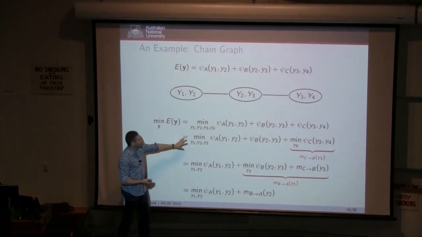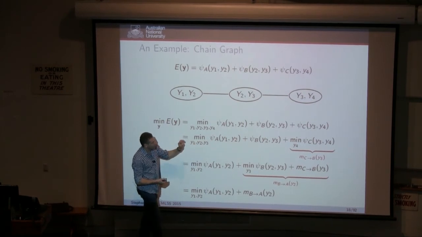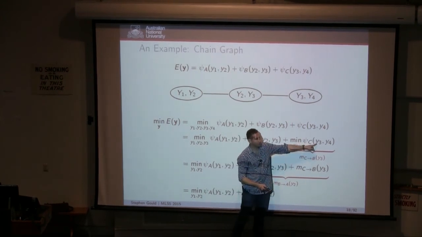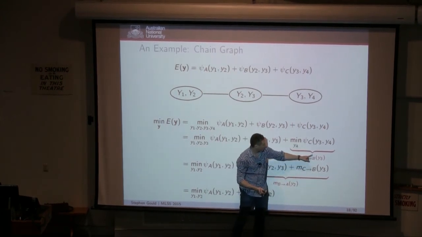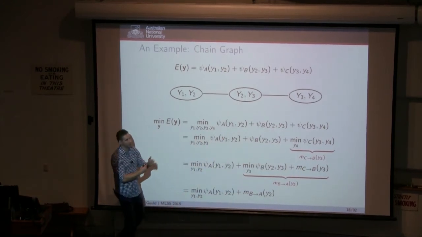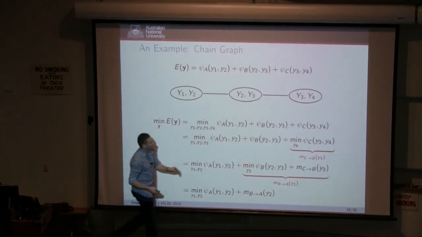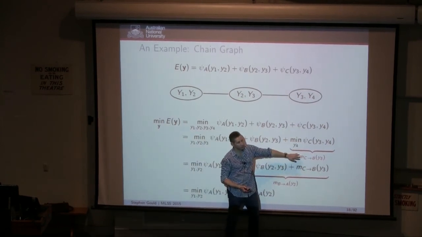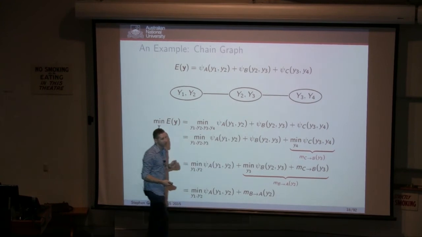So that's the beauty of this algorithm. The only value that affects the minimization over y4 of this final term is the value for y3. And so we've now captured that by having this new function, this new table that's defined only over y3. So each of these operations going from here to here is L squared, and then we have to do that n times through the chain.